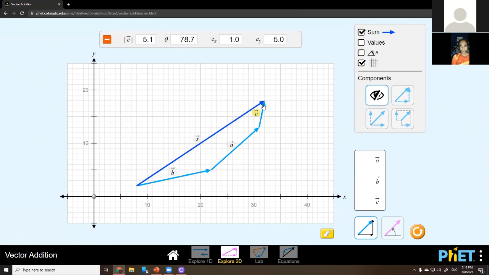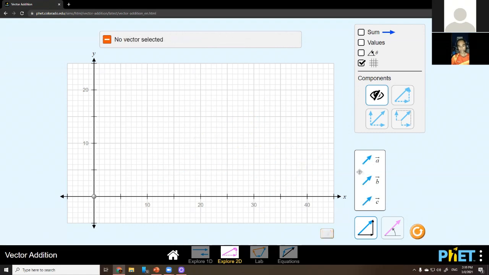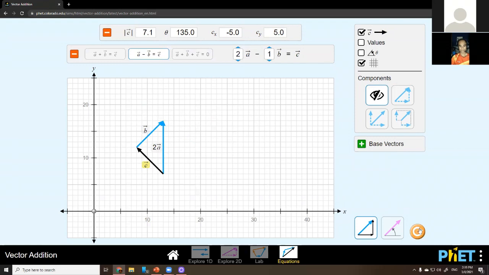And later on, we're going to see that each of the vectors has its own values.